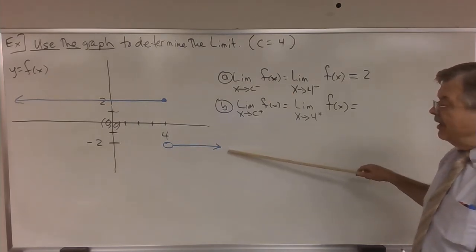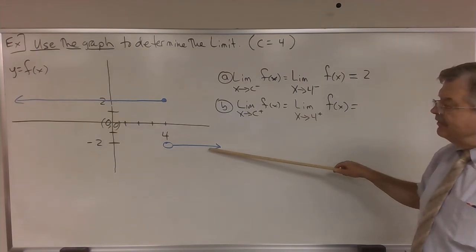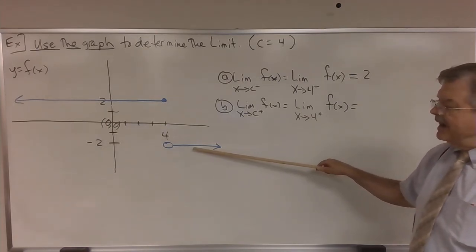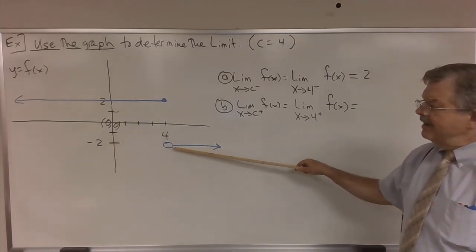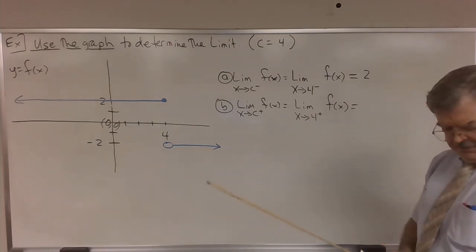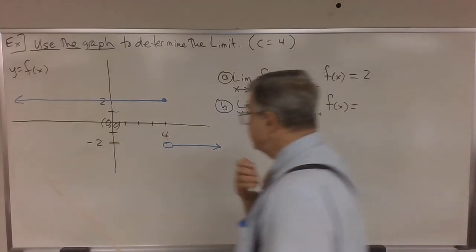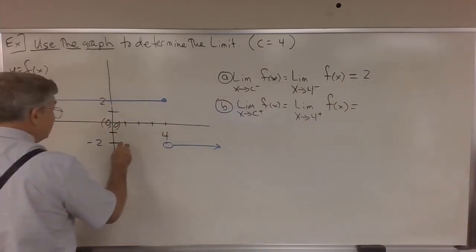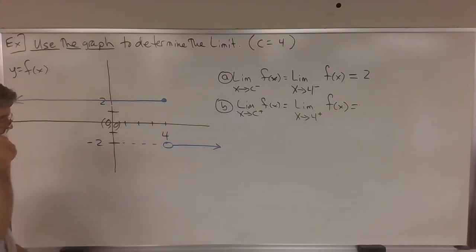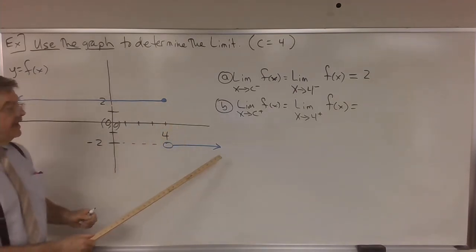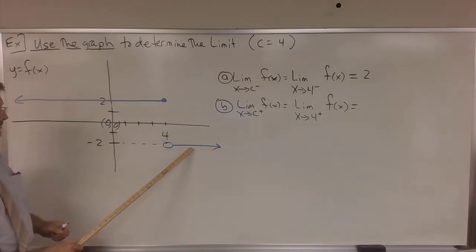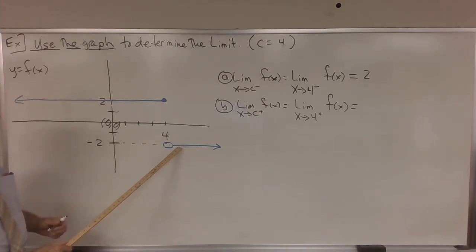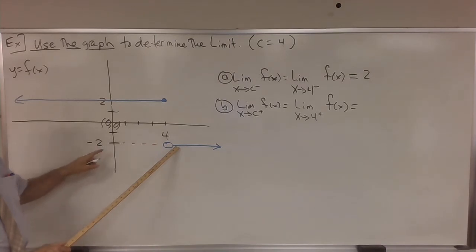And if we move along the graph in such a way that x approaches 4 from the right, what value does f of x, the y value, get arbitrarily close to? Well, as x approaches 4 from the right, isn't the y value of f of x staying right at y equal -2?